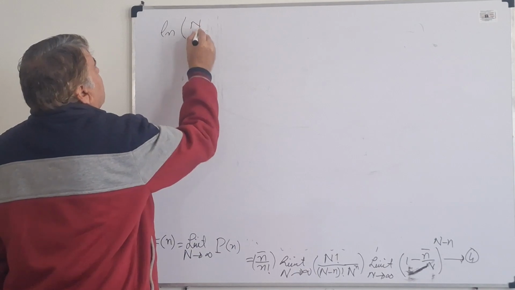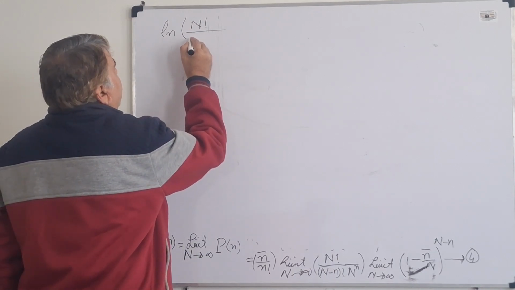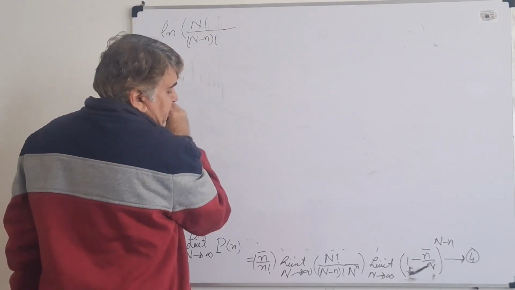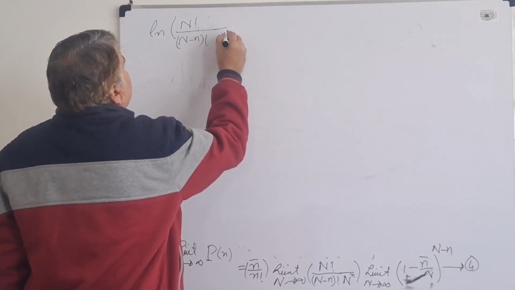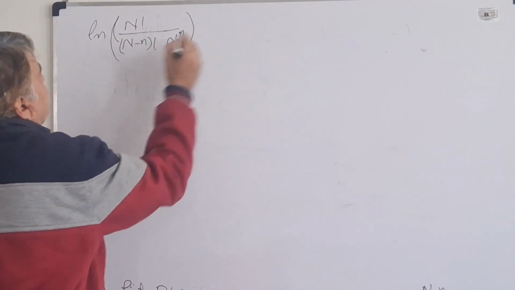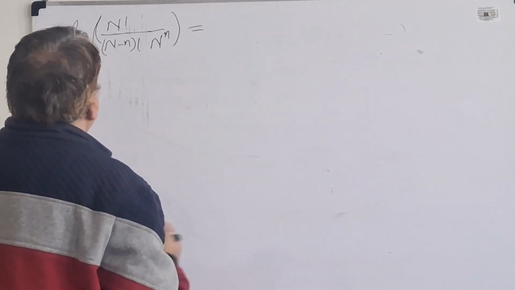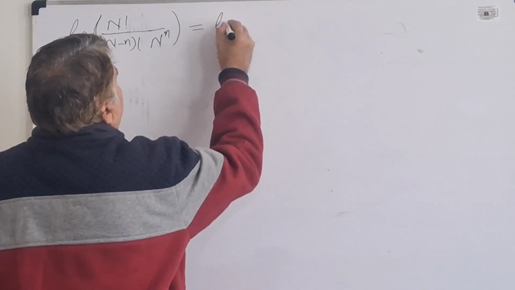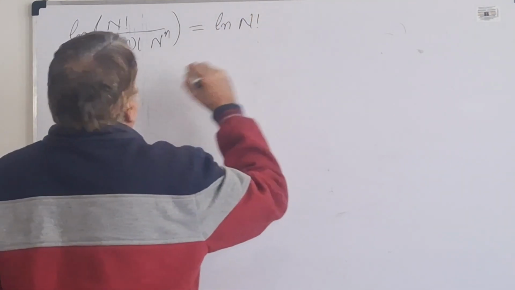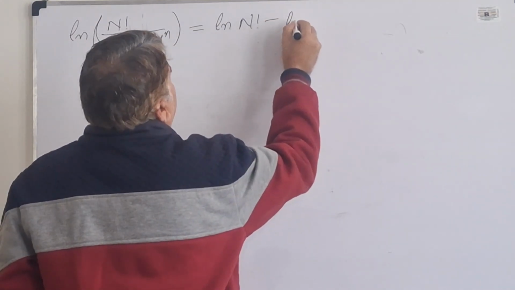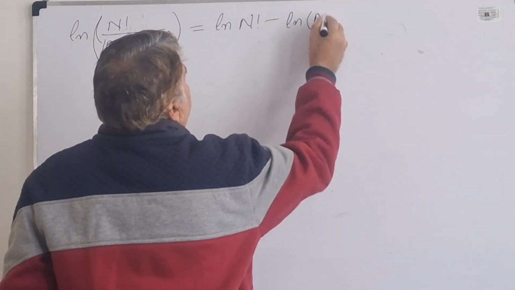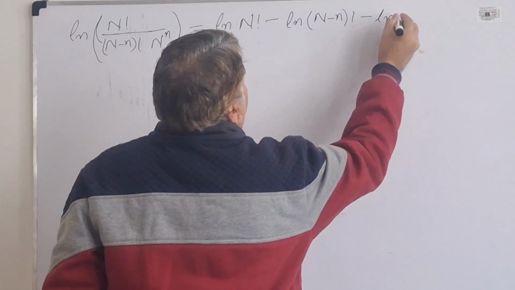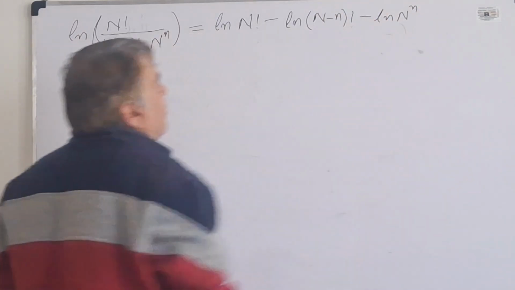If I take the log of this factor, then I can write log of capital N factorial divided by capital N minus small n factorial, multiplied with capital N to the power n. And using the logarithm product and division formulas, I can put this as log of capital N factorial minus log of capital N minus small n factorial minus log of capital N raised to the power small n.